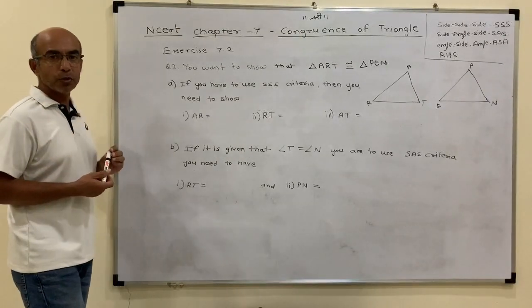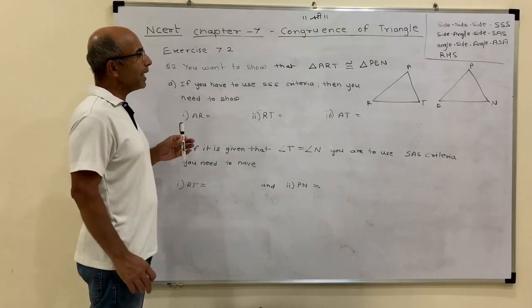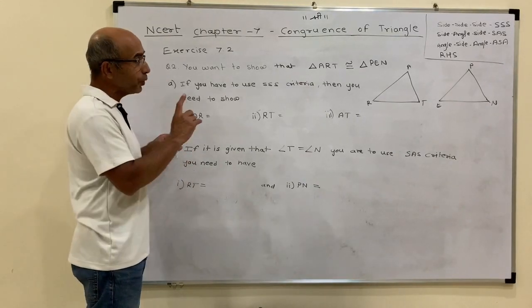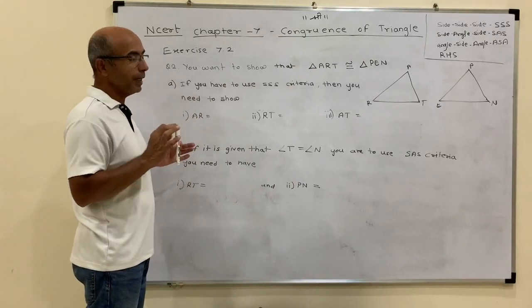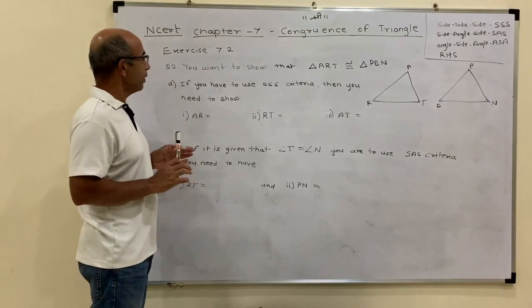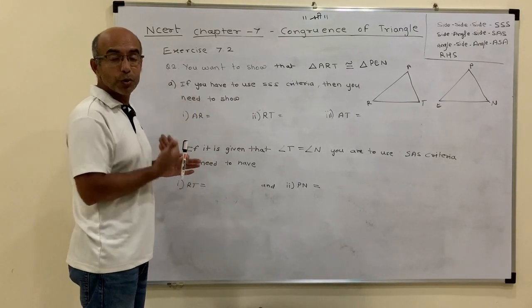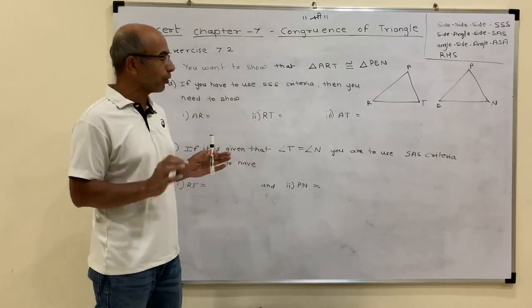Now this is question 2, where they say you want to show that ART is congruent to PEN. We need to maintain that sequence. They have already given us which criteria to use to show these two triangles are congruent.